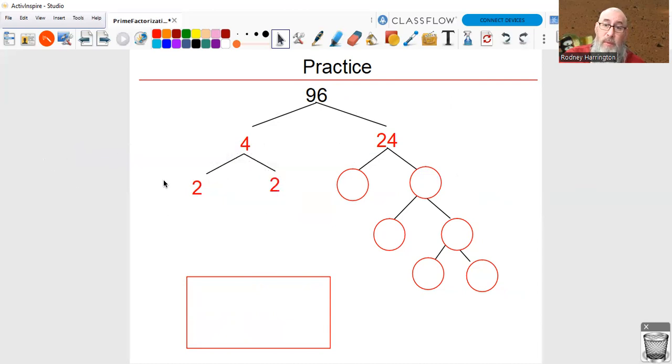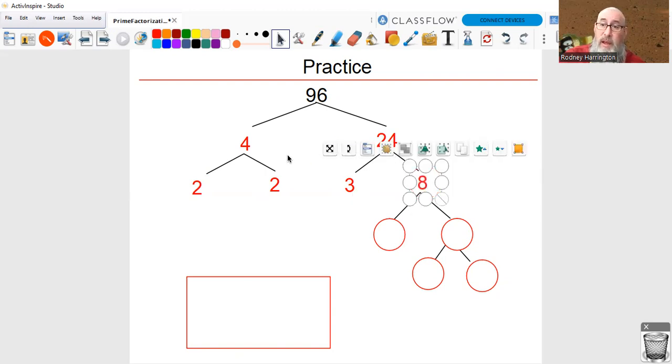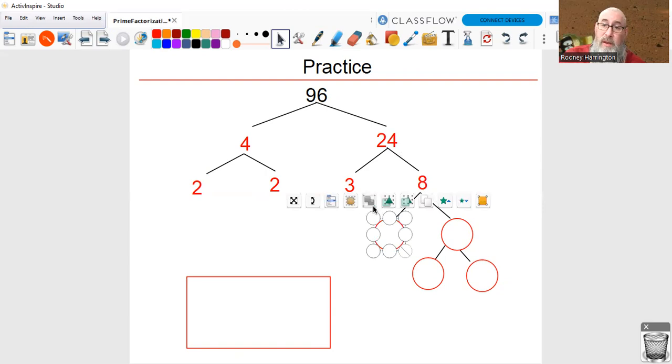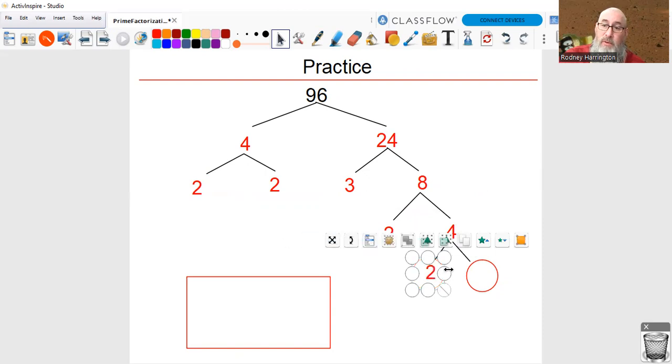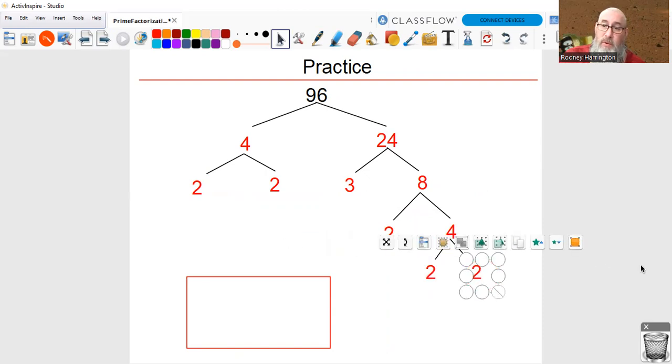Those are both our prime numbers. Here we have 24. We can divide by 3, because 2 plus 4 is 6, and 6 is divisible by 3. So the sum of the digits is divisible by 3. And that's 3 times 8. And of course, we can break that down further into 2 times 4, and then 2 times 2.